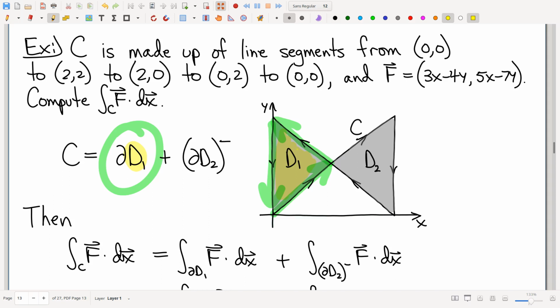Right? And now let's look at, I'll use blue, I guess. Let me change my mind here.